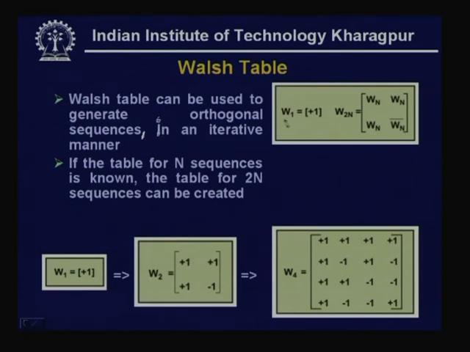How? W1 is plus 1, as you can see, it is a one dimensional matrix, and W2 is a two dimensional matrix with 4 entries. Here you have only one entry. So W1, W2, W4 can be generated in this manner.